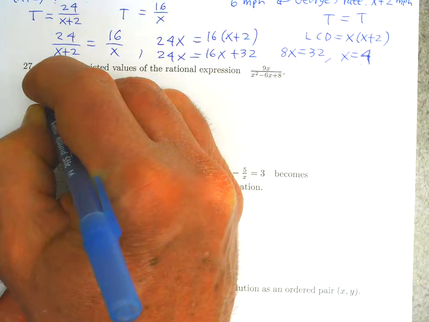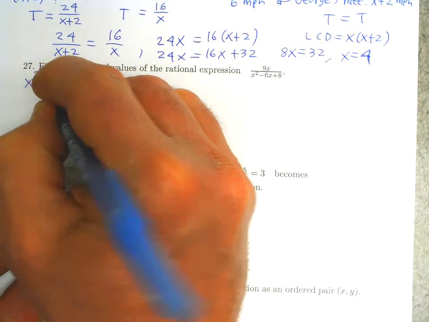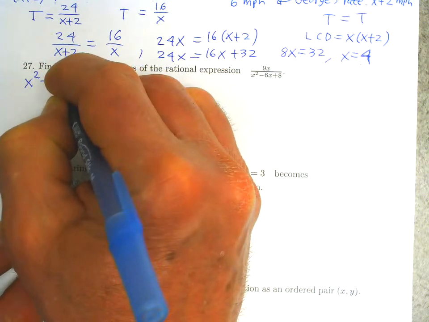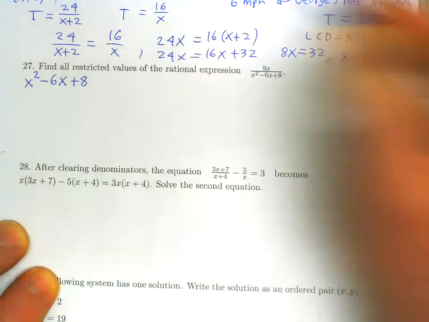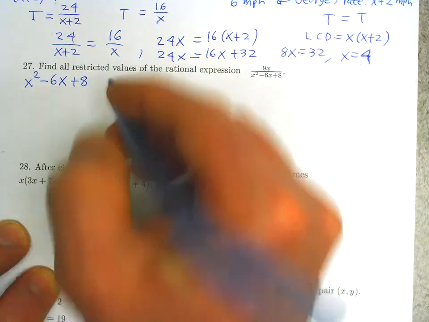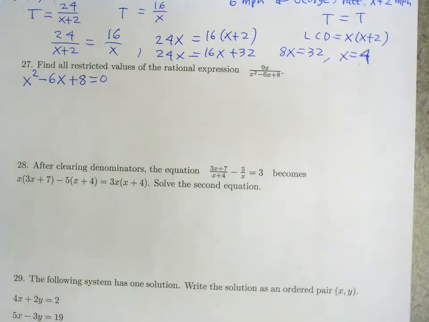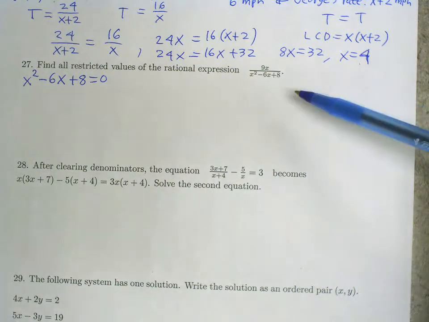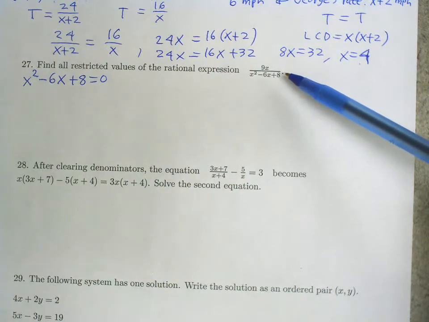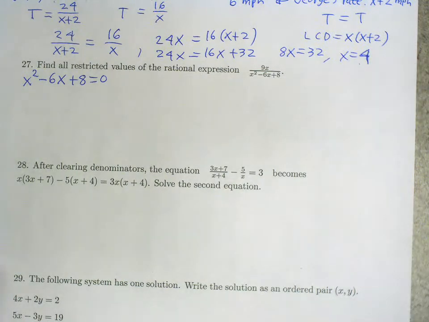The x values that make the denominator 0 are the restricted values. So if we just set the denominator equal to 0 and then solve the quadratic equation, the solutions are the restricted values, which means that we are not permitted to use them in that expression.